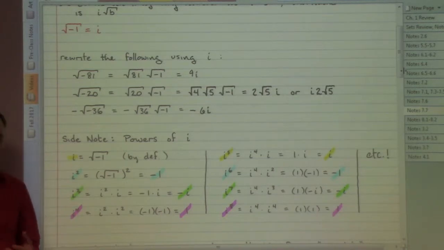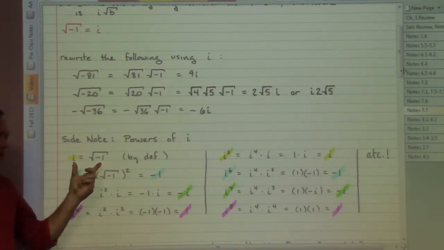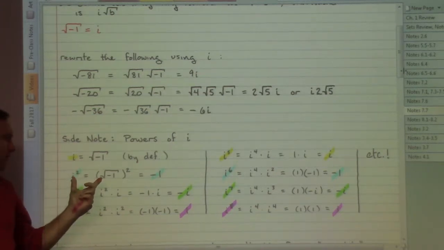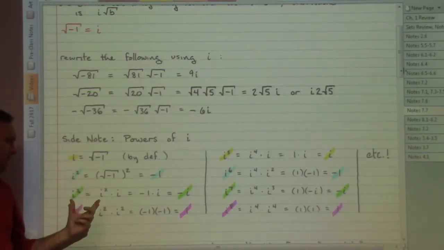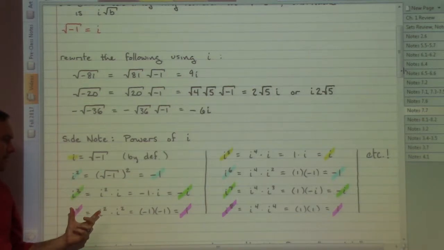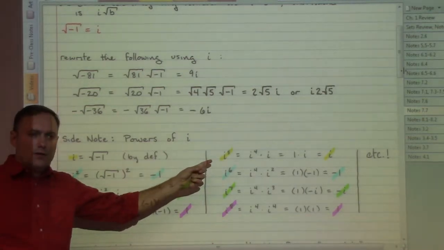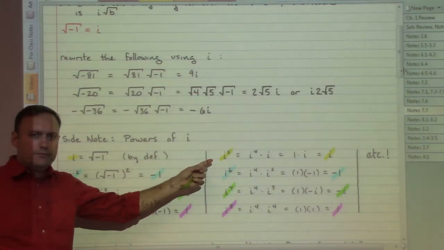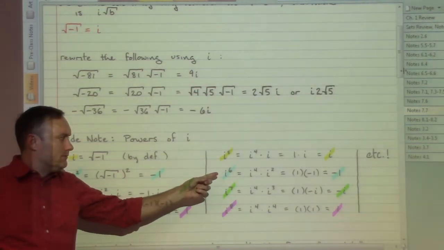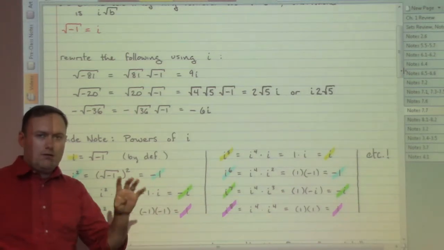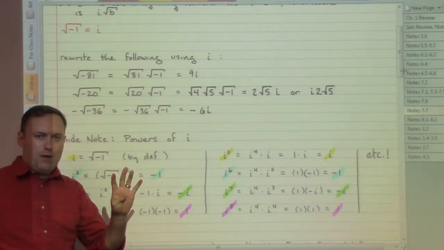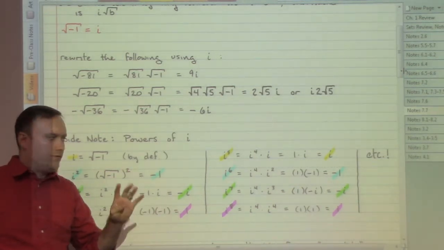I has a very curious sort of property that when I start using powers, as I simplify things and continue to use powers, I go in a circle. Every fourth power repeats itself.